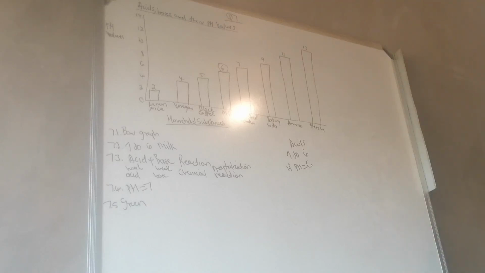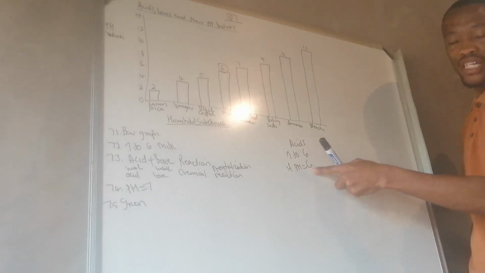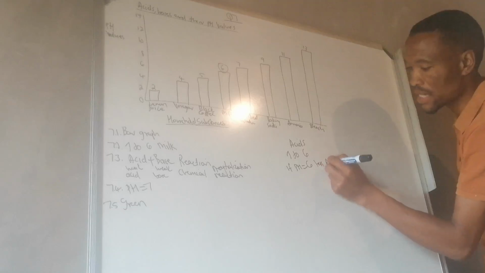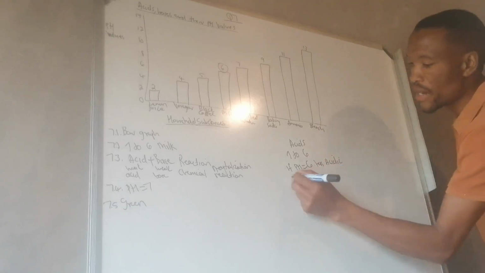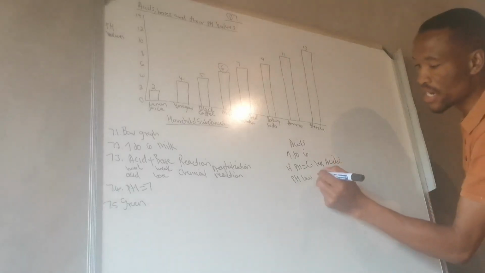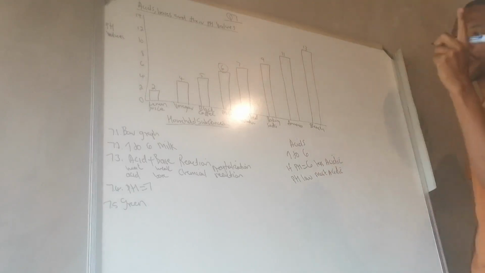No, the opposite is true. You are the least acidic. If your pH is higher, therefore you are less acidic. And if your pH is lower in terms of an acid, then it means you are most acidic. I wanted us to fix that.